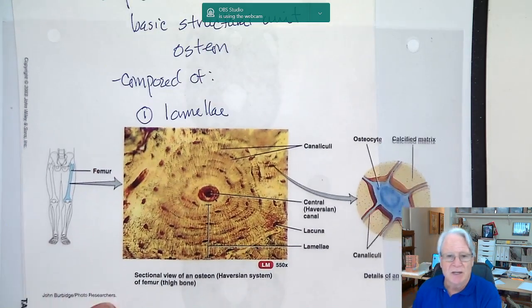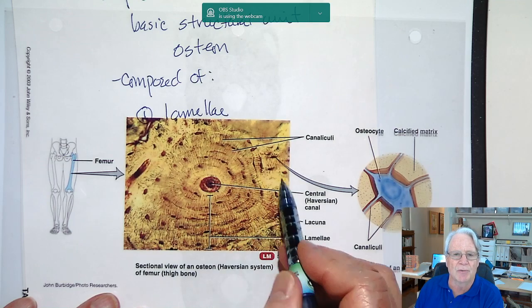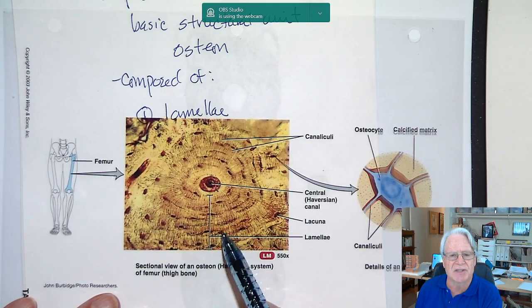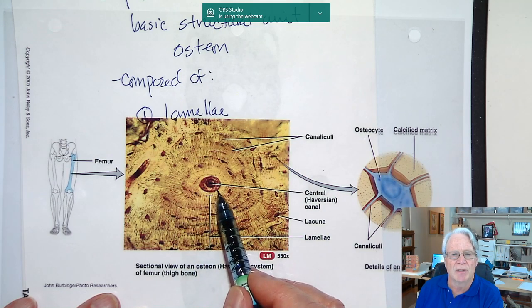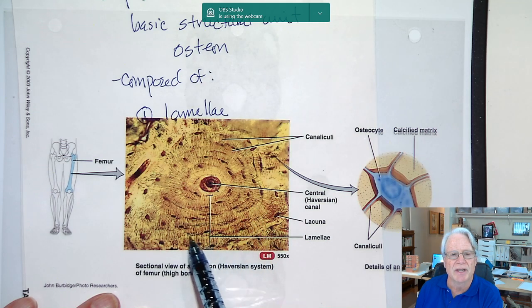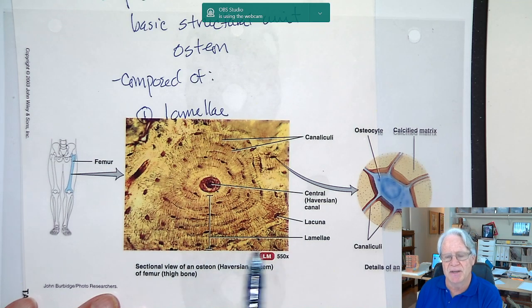And here we go. So for each central canal, we have a whole series of rings around it, concentric rings, and the collection of concentric rings are the lamellae. So it looks like I've got 1, 2, 3, 4, 5, possibly 6 rings around that central canal, and all of those rings make up the lamellae.